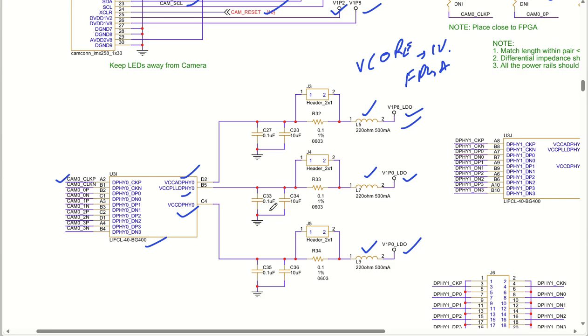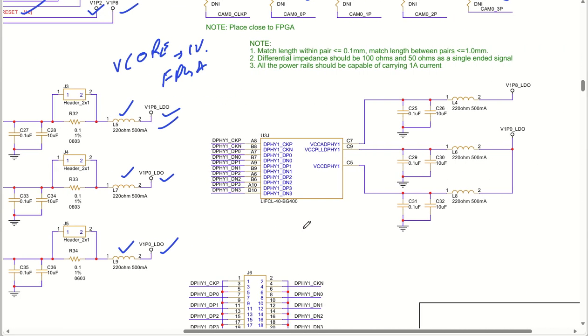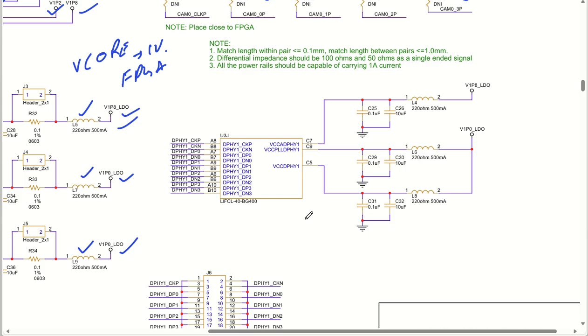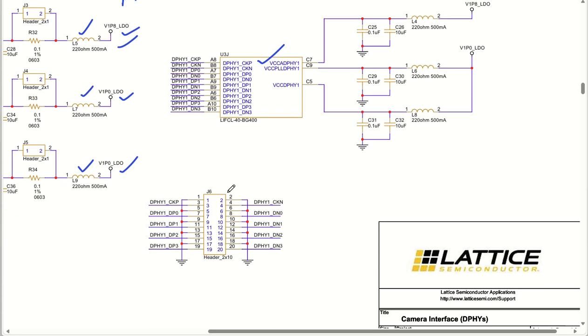Now coming back to another module, we have two camera modules in this particular 400 pin device. So you can see D5 1, that was D5 0, now it is D5 1. So if you want, you can connect another camera module. Here, a 20 pin connector is given for your external interface, and you can connect that.